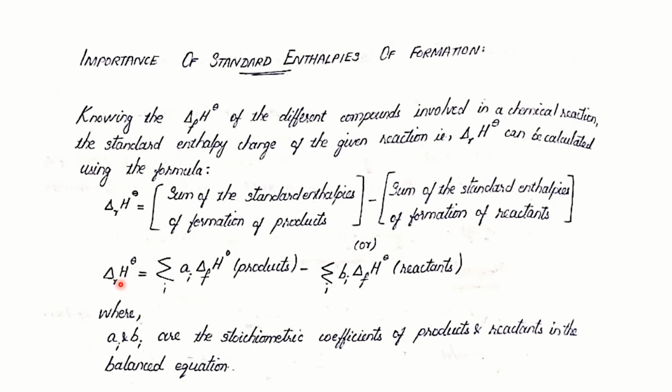It can be written mathematically as delta R H naught equal to sigma ai into standard enthalpy of formation of products minus sigma bi into standard enthalpy of formation of reactants. Okay, where ai and bi are the stoichiometric coefficients of products and reactants in the balanced chemical equation. And here sigma denotes summation.